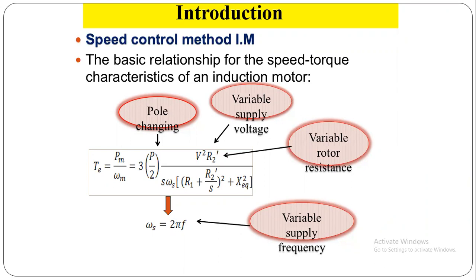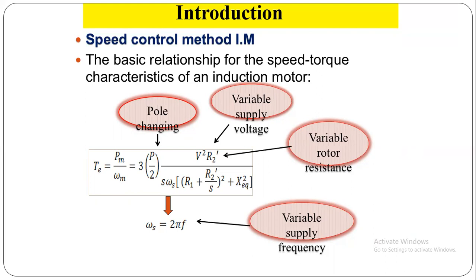The basic relationship for the speed-torque characteristic of the induction motor is Pe = Pm / omega_m, which equals 3 into P by 2, V squared R2' upon s omega_s, in bracket (R1 + R2'/s) whole squared plus X squared. According to this equation, we can find out the parameters to control the speed of the induction motor.